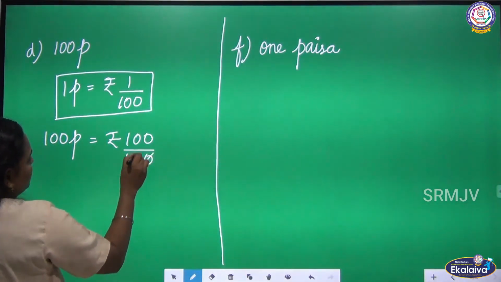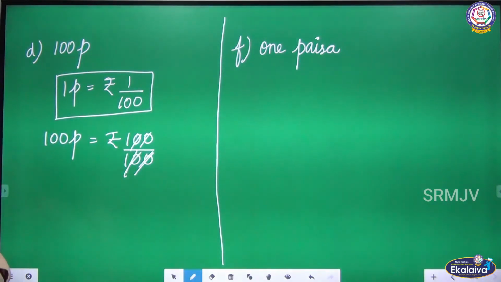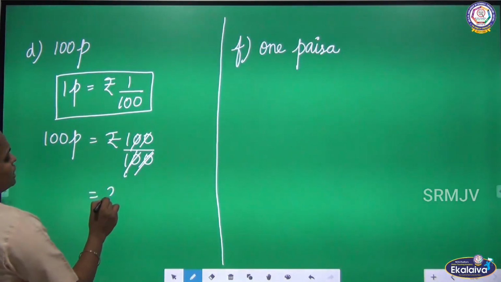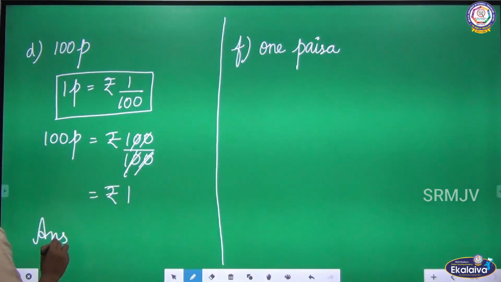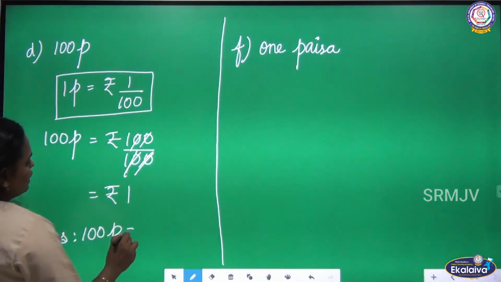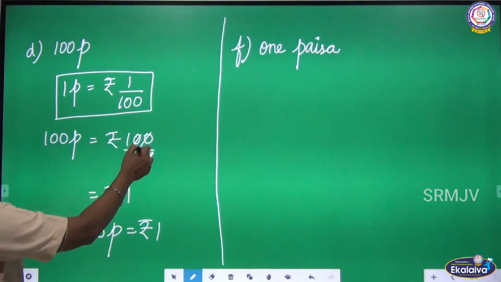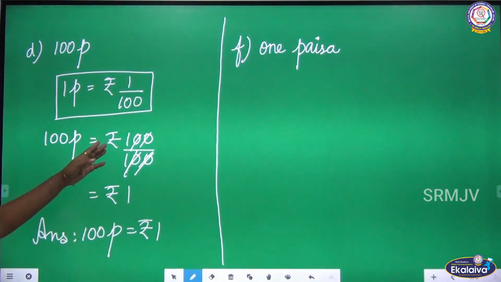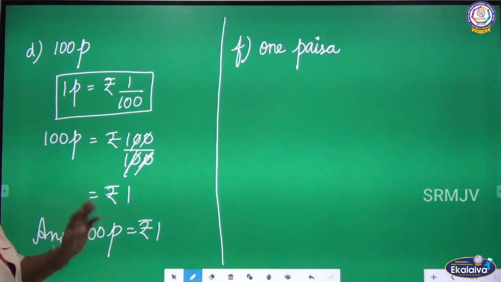So what is 100 by 100? Same number. So for 2 zeros we can cancel this 2 zeros. So 1 by 1 is rupees 1. So what is the answer? 100 paise equal to how many rupees, children? 100 paise equal to 1 rupee. So 1 by 1 is 1. So what is the answer? 100 paise equal to 1 rupee.